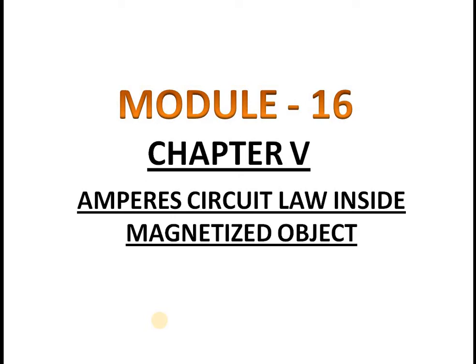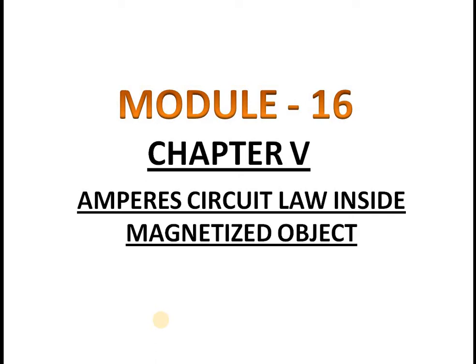Today we will see Ampere's circuital law inside a magnetized object. This is the topic today. In the previous class, you have studied that when an object is magnetized, the field around that object is due to two parameters.